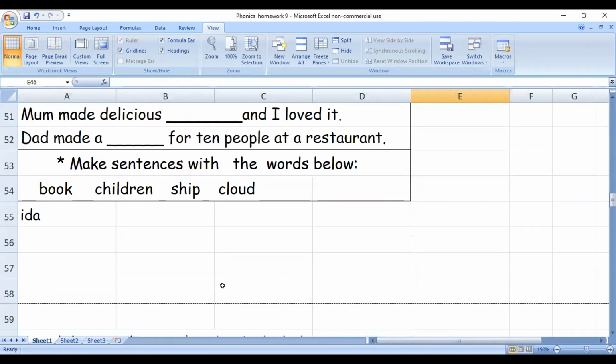Now I would like somebody to choose the word book and make a sentence. Can you choose someone, please?